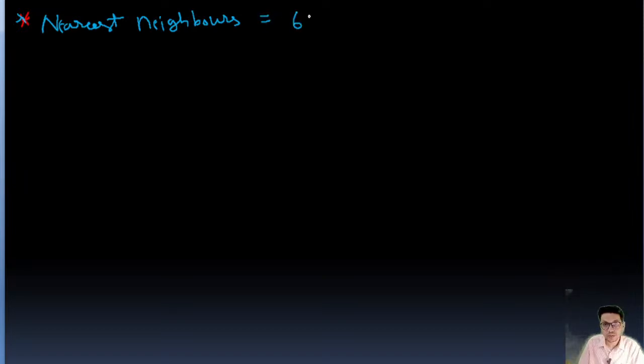Next is nearest neighbors. Nearest neighbors for HCP is equal to 6 plus 3 plus 3, that is 12.